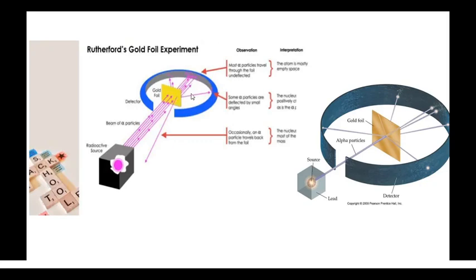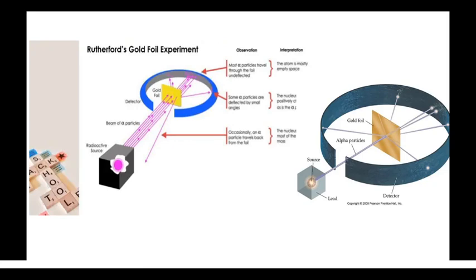Now some are deflected by small angles. You can see some alpha particles get deflected through small angles. Why did they get deflected? We know that the atom consists of a nucleus inside. Due to the positively charged nucleus, there is a force of repulsion and the alpha particles get deflected.